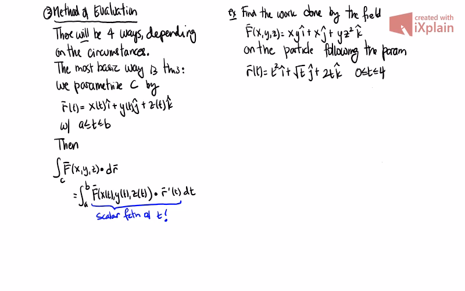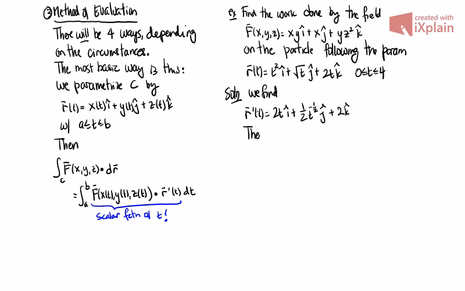I make no guarantees this integral will be pretty. The point is just to get to it. So we have the parameterization. First, we need the derivative. We do not need the magnitude like in 15.2a. Here we just need the derivative. So this is 1/2 t to the minus 1/2 for the j, and 2k.